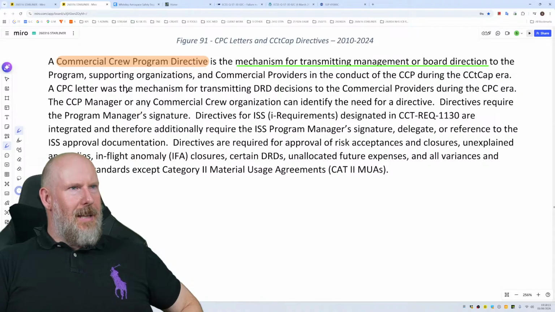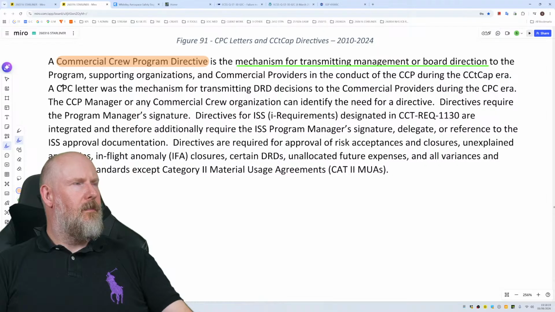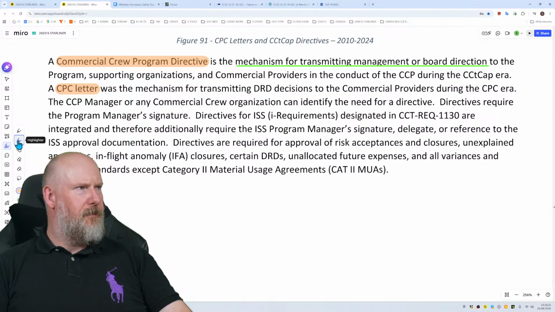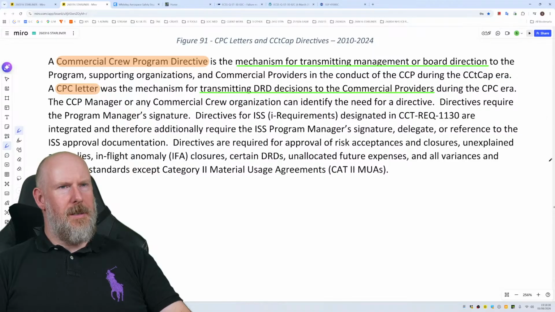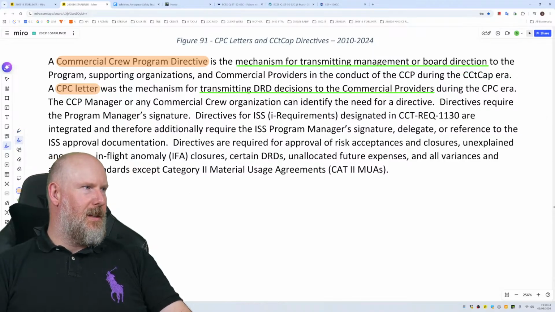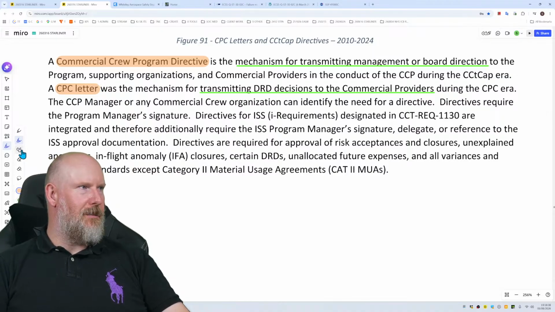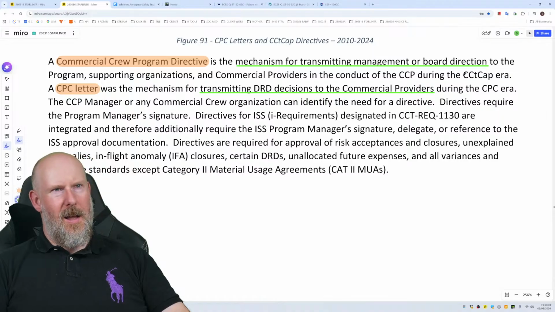A CPC letter was the mechanism for transmitting DRD decisions to the commercial providers during the CPC era. So that's the CCT. Oh, God. Why can't they just give them numbers or names instead of ridiculous acronyms? CCT cap era, CPC era.